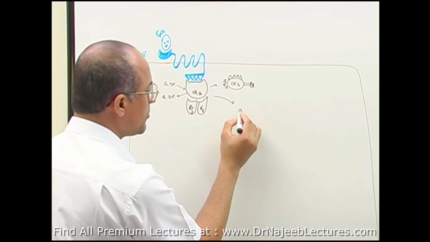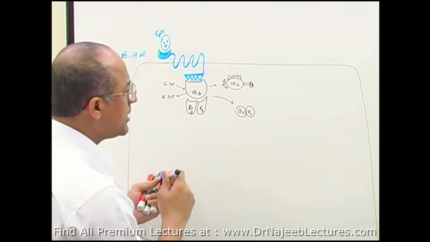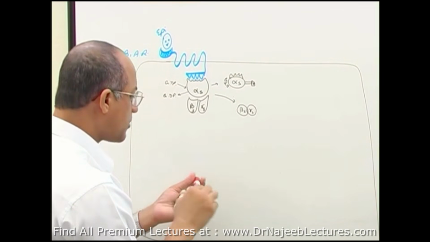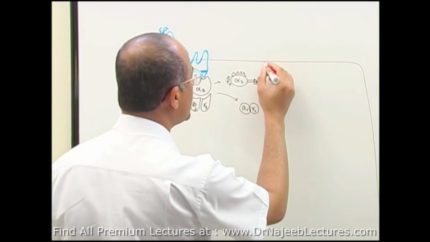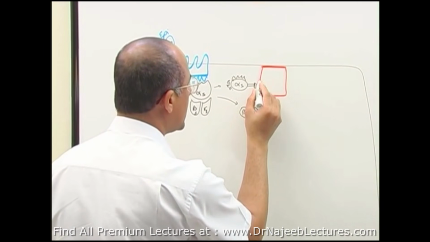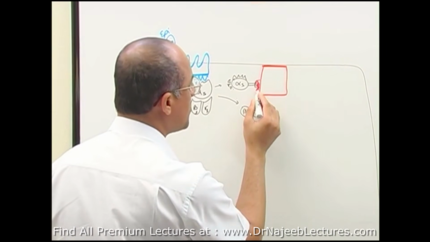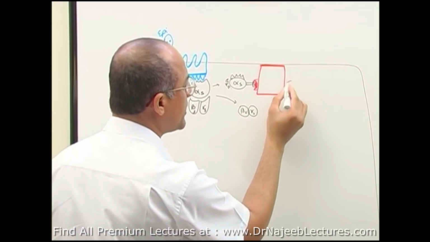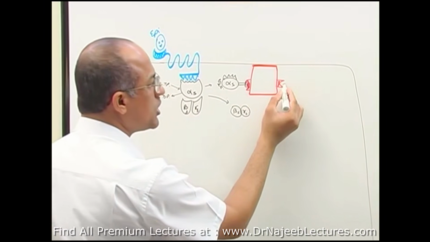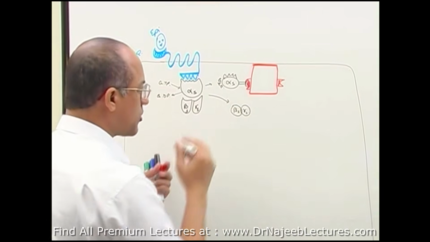It dissociates from beta and gamma component, and it interacts with adenylyl cyclase. If you remember, adenylyl cyclase has 2 points. There was one point where G inhibitory could bind, another point where alpha component of G stimulatory could bind.